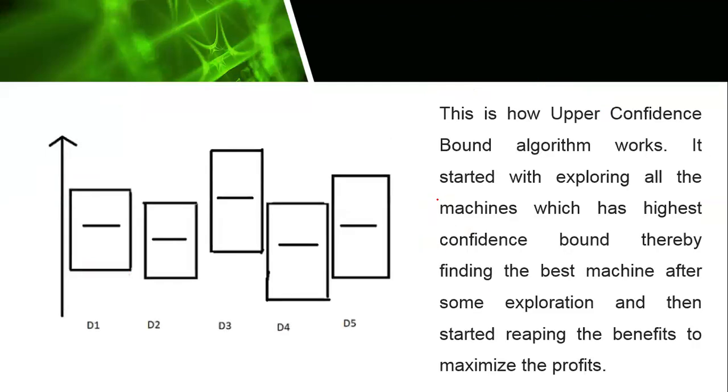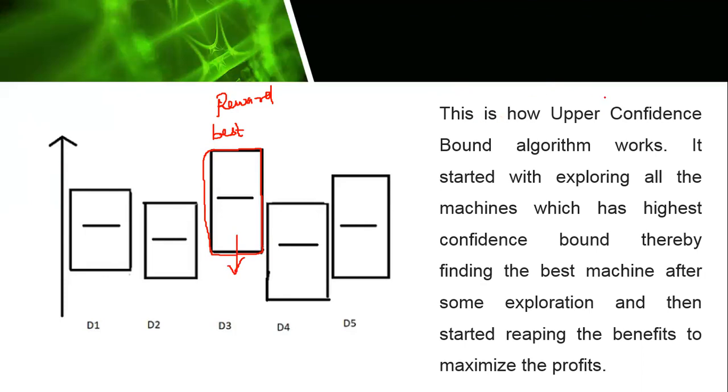After so many runs, it is understood that this machine has the highest reward, and for that reward, this is the bound. Now it is assumed that this will be the best option, and from here it will start its exploitation.